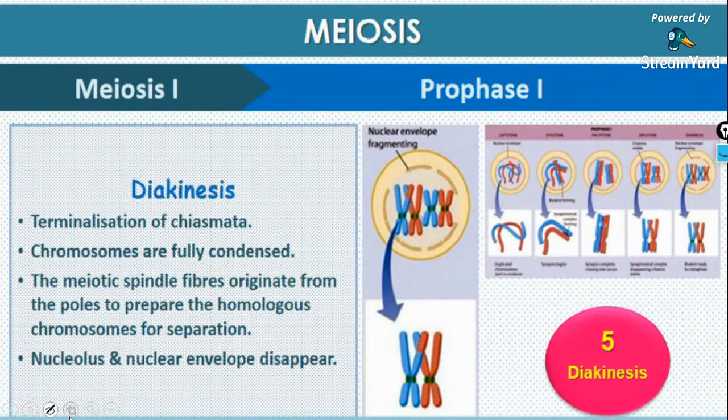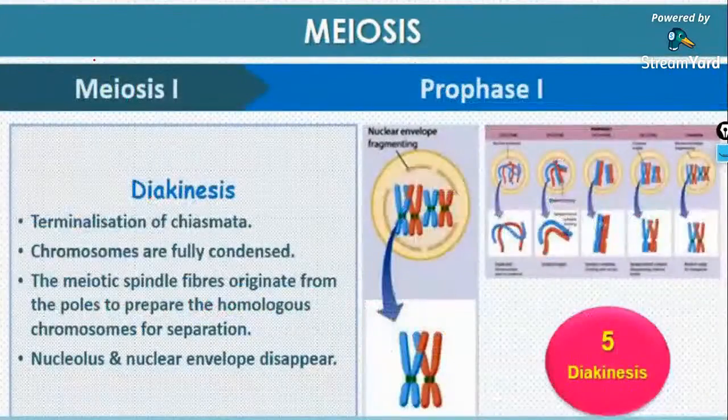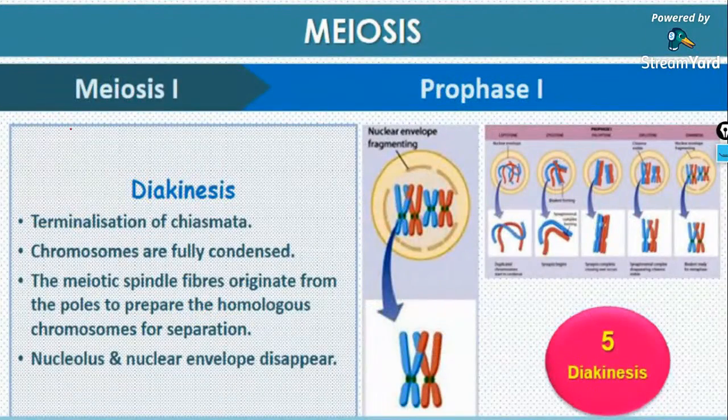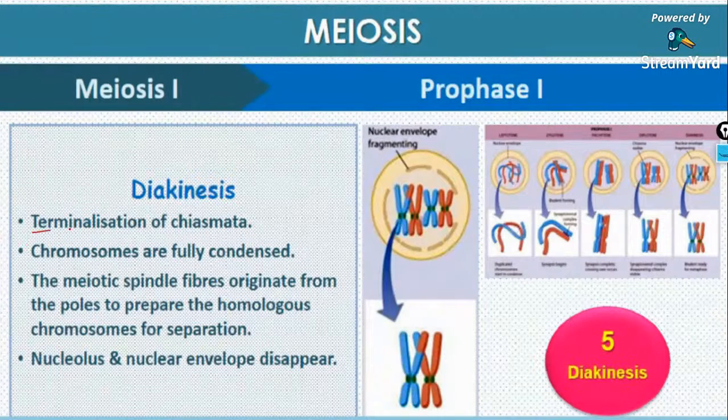Next is diakinesis. The terminalization of chiasmata is completed in this stage.